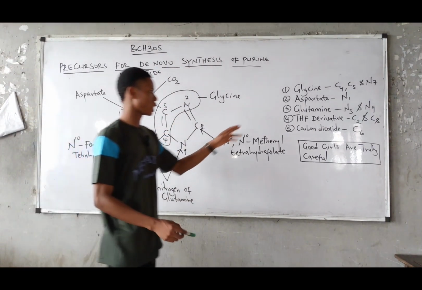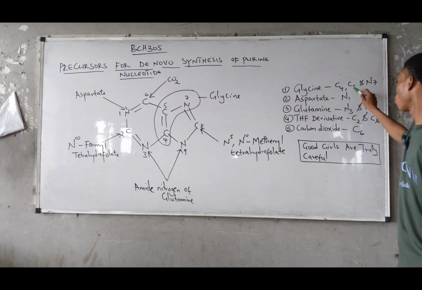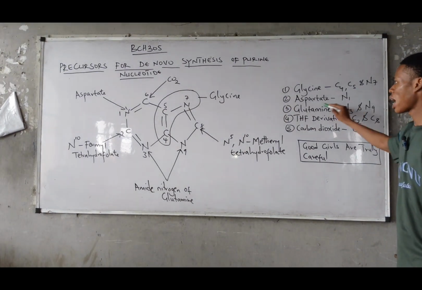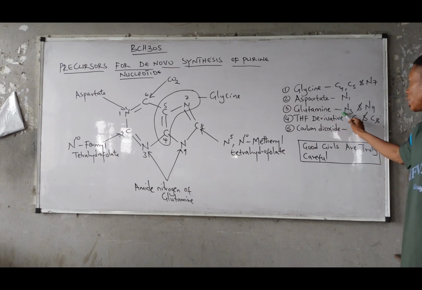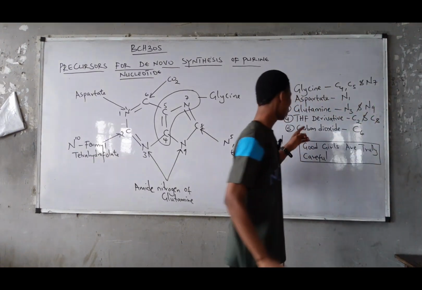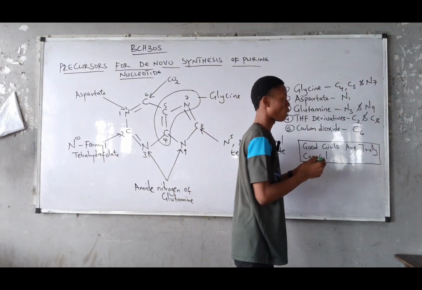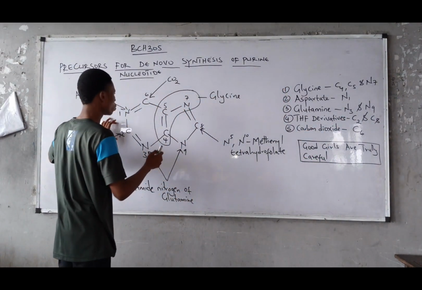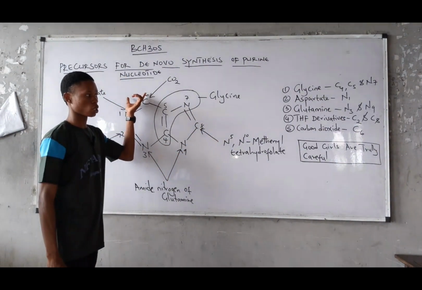Now, this is summarized here. Aspartate provides nitrogen 1. Glutamine provides nitrogen 3, nitrogen 9. Tetrahydrofolate derivatives provide carbon 2 and carbon 8, while carbon dioxide provides carbon 6, right?